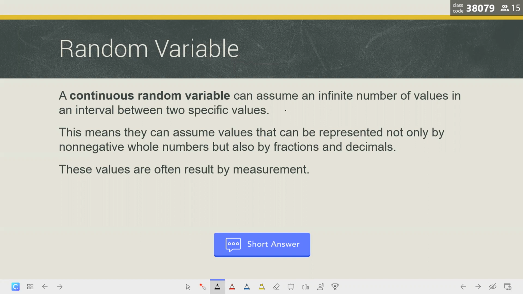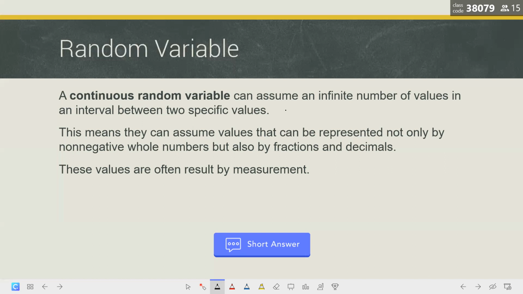So if we are going to contrast the two random variables, the discrete random variable has a value that is countable and a continuous random variable has values that are obtained by measurement or are results of measurements. Okay? So usually lahat ng units of measurements are continuous random variable.